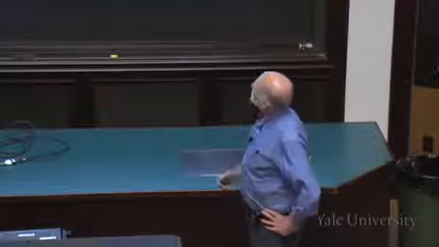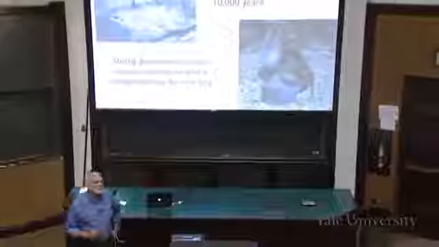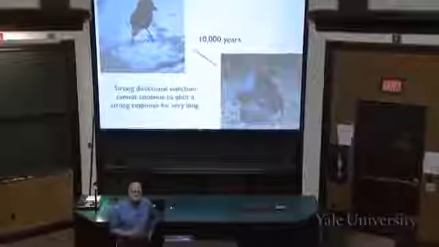Well, that would produce directional selection, and if you did it for 100 years, it would turn a 25-gram finch into a 75-gram finch. Basically, it would take a finch and turn it into a small robin. Okay? If you did it for 10,000 years, it would turn it into a turkey. Now, finches as big as turkeys don't do very well in a finch habitat.